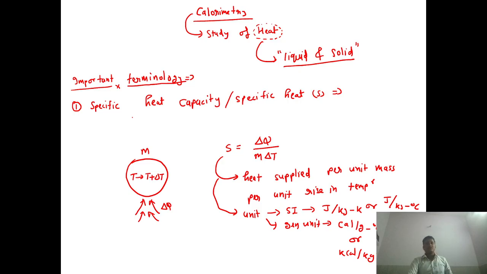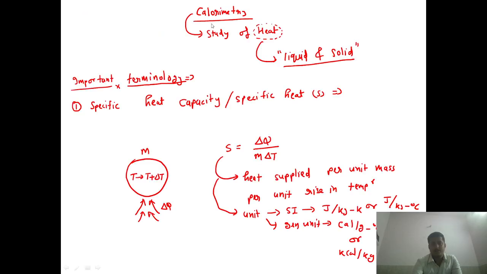We can say like this: if we take 1 kg of substance and we want to increase the temperature by 1 degree Celsius, then the heat required will be basically the specific heat. So this is the specific heat.